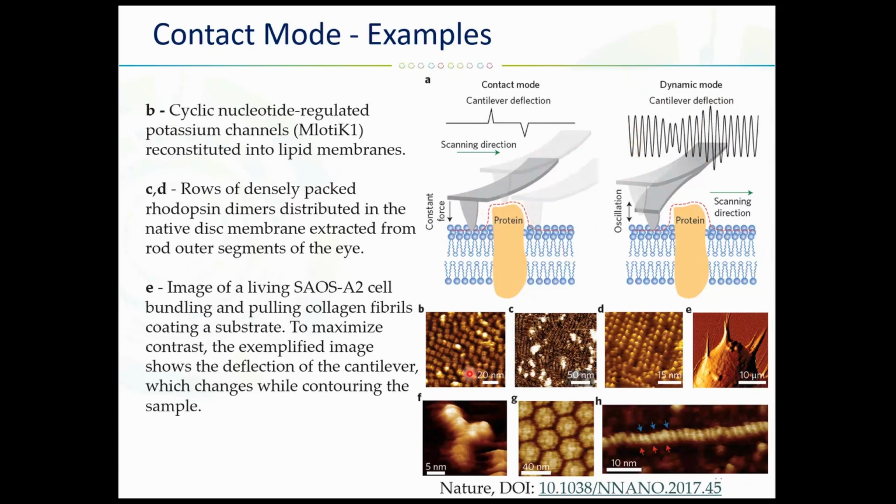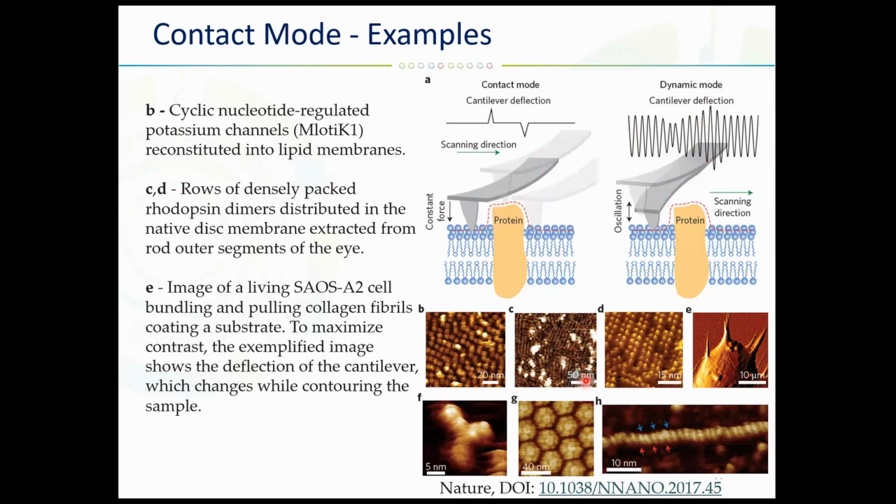So on picture B, you can see the proteins on the surface. These are potassium channels in the lipid membranes, and on picture C and D, these are another example of different membranes as rhodopsin dimers, and here you can see that these are a bit different resolution.